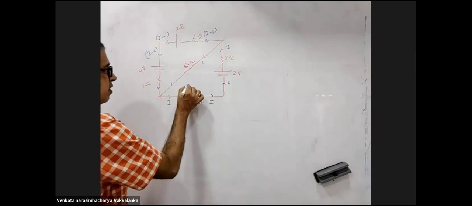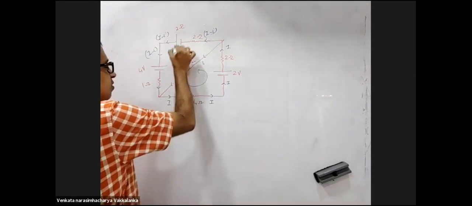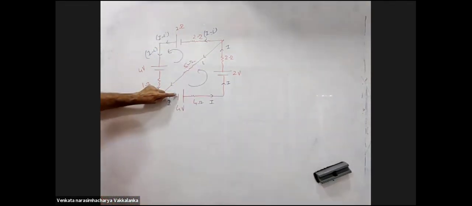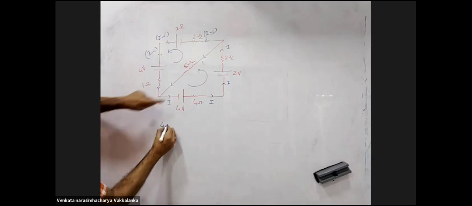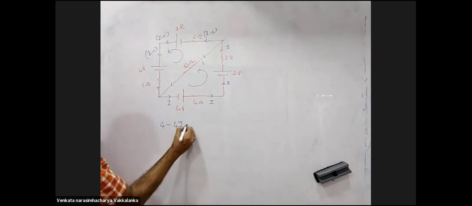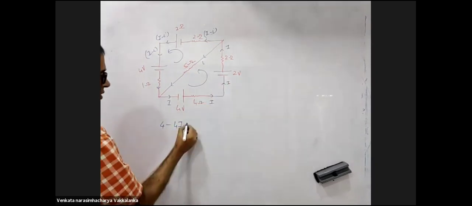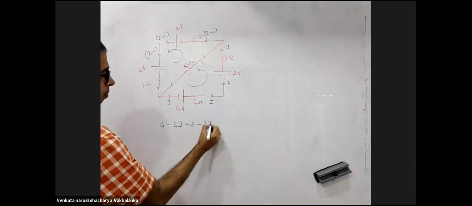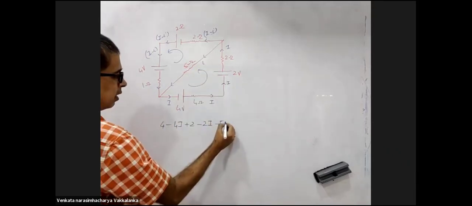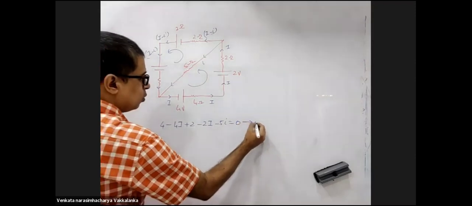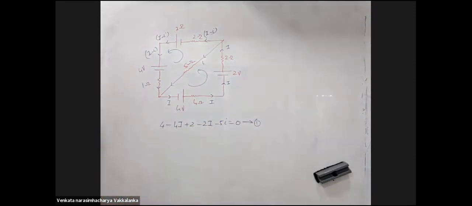Now you apply KVL to this loop. Let me apply. This is 4 minus 4i. You are touching the negative terminal, plus 2 minus 2i minus 5i is 0, my first equation.